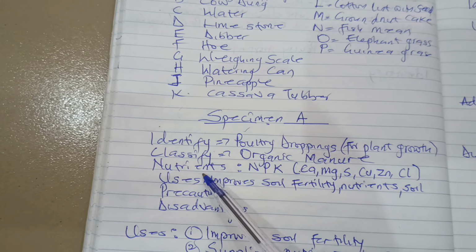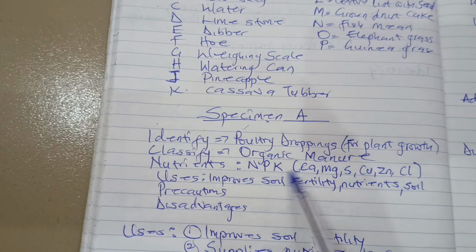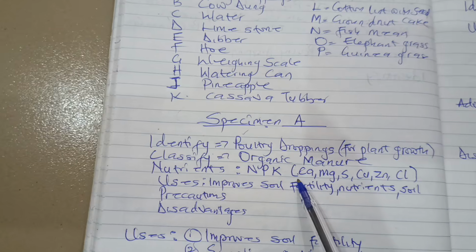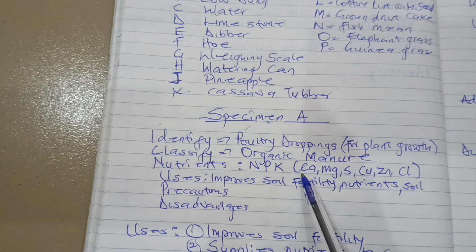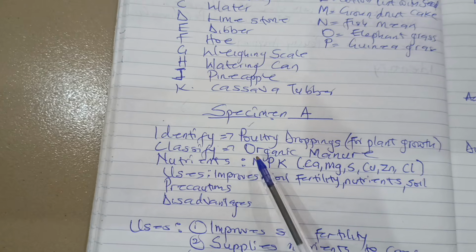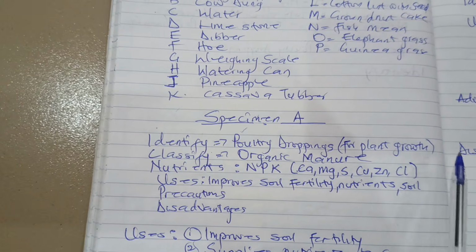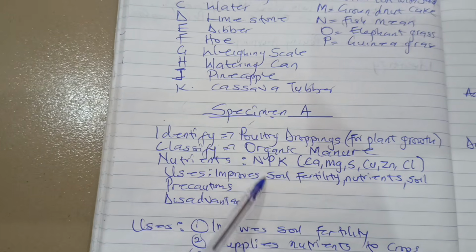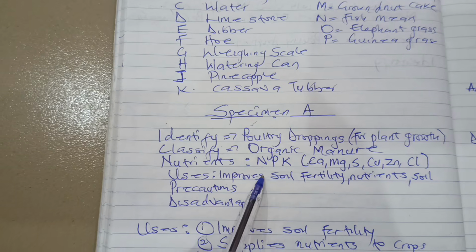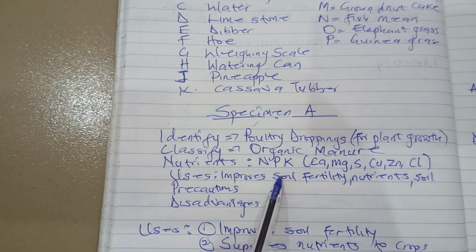And when you're asked to identify the nutrients present in this poultry dropping, the first three things that they are looking at is NPK. Okay, you know that the normal fertilizer we buy from the market, you will see they call it NPK fertilizer, but that one has been artificially manufactured. But poultry, the chicken, the birds, they have the highest concentration or level of NPK in their poo.